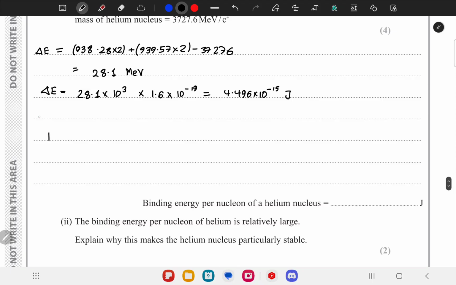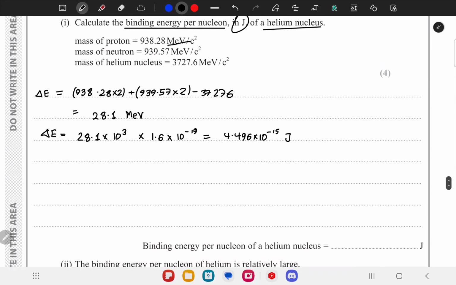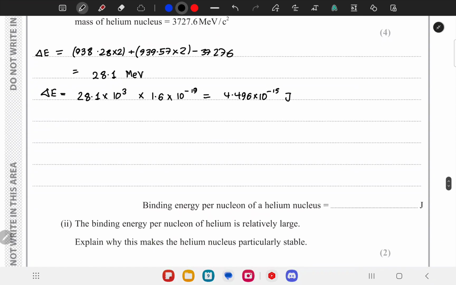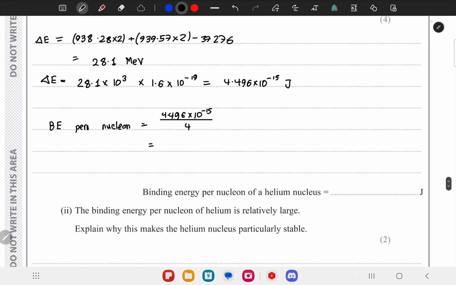So the binding energy per nucleon would be the total binding energy divided by the number of nucleons, which is 4 in this case. So binding energy per nucleon is 4.496 into 10 to the power minus 15 by 4. This is equal to 1.124 into 10 to the power minus 15 joules.